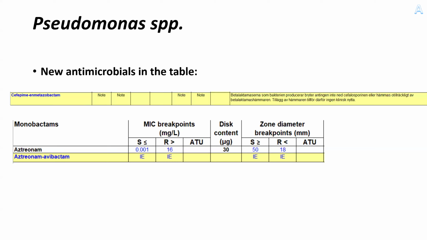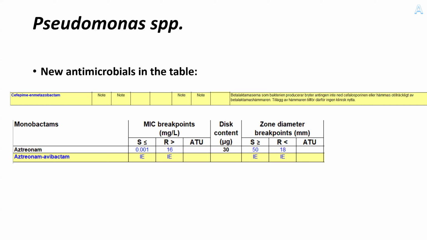Yes, then we will talk a little bit about the Pseudomonas species. As Karianne mentioned, here we have the new antimicrobial cefepime-enmetazobactam, but that is only with a note and also with a comment stating that the inhibitor does not add any extra value to this antimicrobial. So cefepime is a better option.